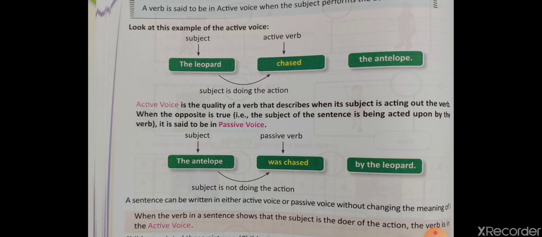But in the first sentence, the thing that is doing the work is the leopard, right? So in the first sentence the leopard is the subject, and in the second sentence the leopard is not the subject. So whenever the subject is doing some work, that is active voice, and when the subject is not doing the work, that is passive voice.